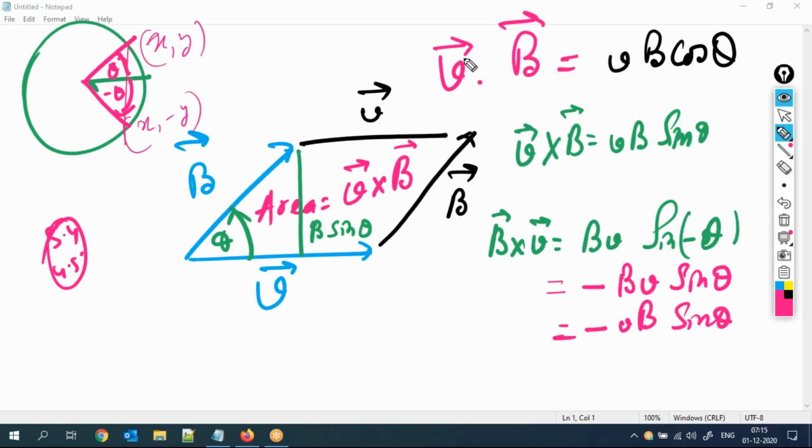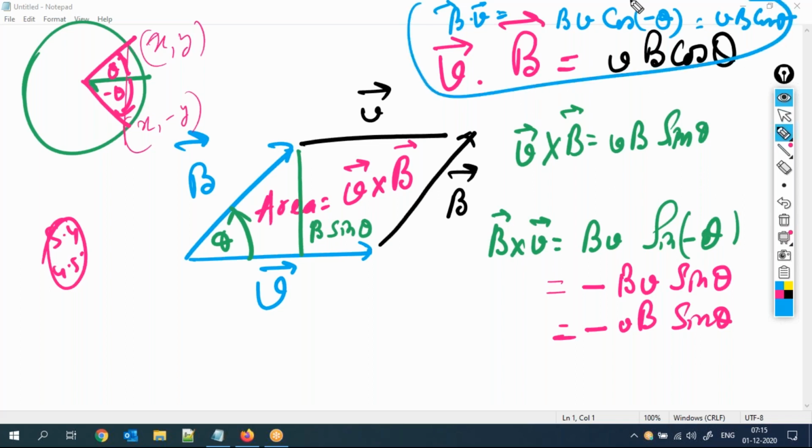In this case, remember that if I try to write B dot V, again it will be B V cos minus theta, and cos minus theta is also cos theta, as you see. So we can write B V cos theta. There is no problem in this.